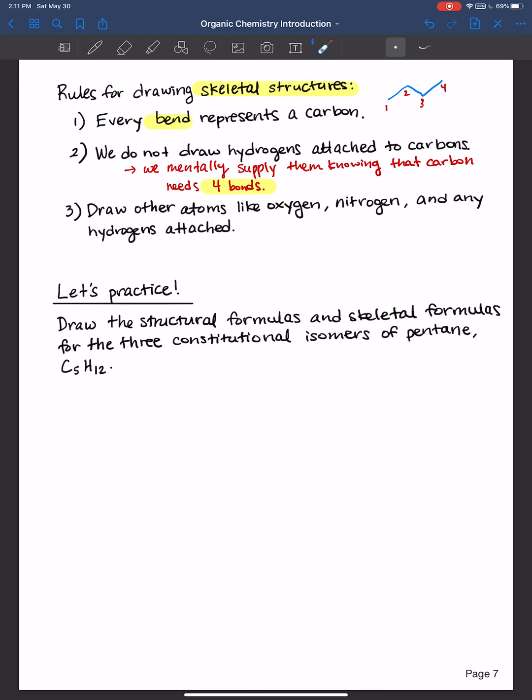The third rule for drawing skeletal structures is that you want to draw other atoms like oxygen, nitrogen, and any hydrogens attached to those atoms. So for example, let's draw an amine.